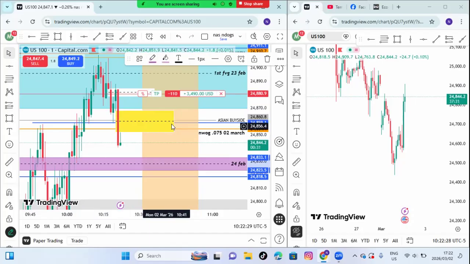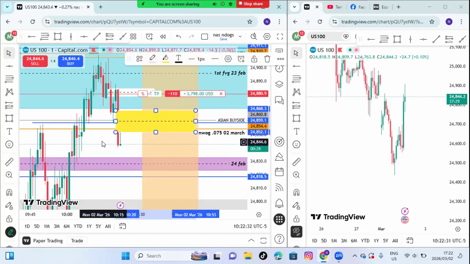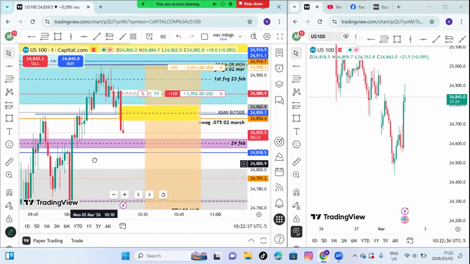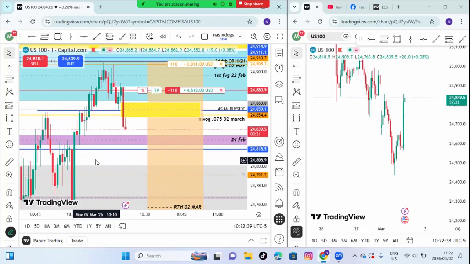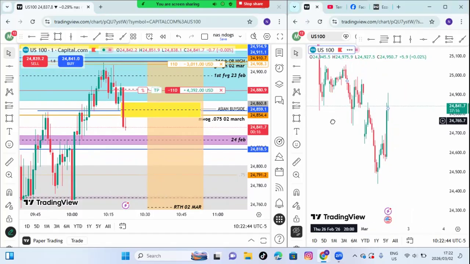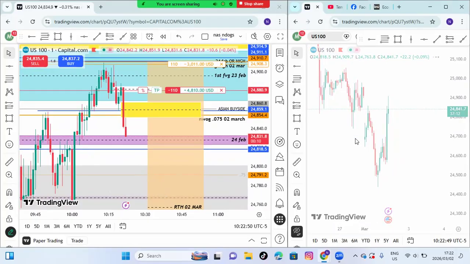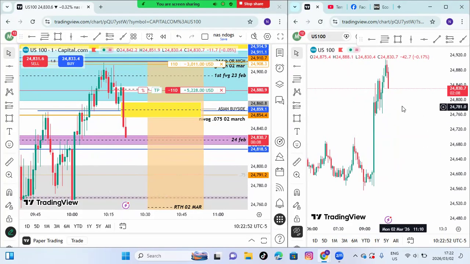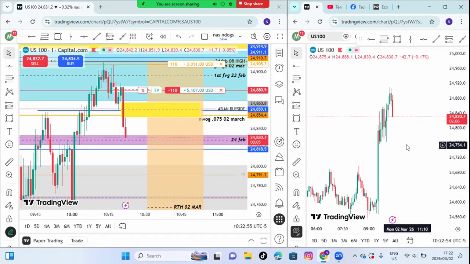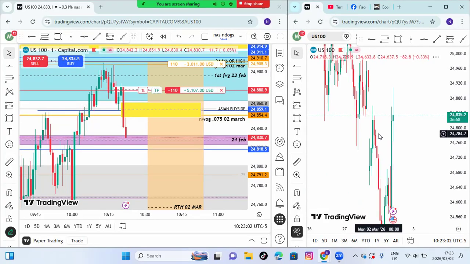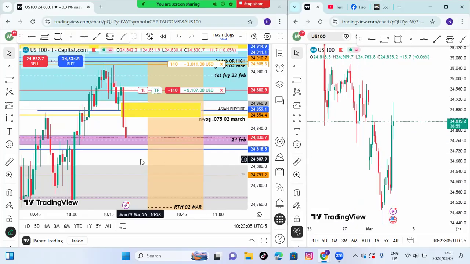Then you should see it really crippling lower. So that's a beautiful reaction there.